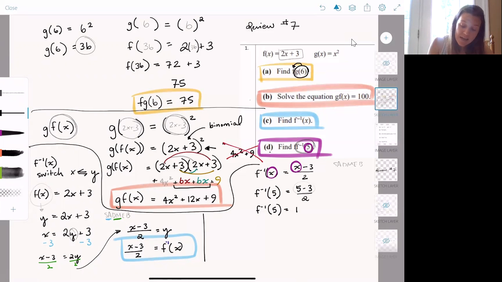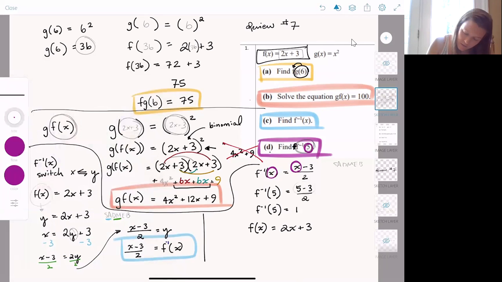But now I want to take that answer and plug it into what's on the outside, which is just my f function. So not f inverse, but just f of x, going back to my original here, is 2x plus 3. Again, I'm taking the answer I got here and plugging it in for x.